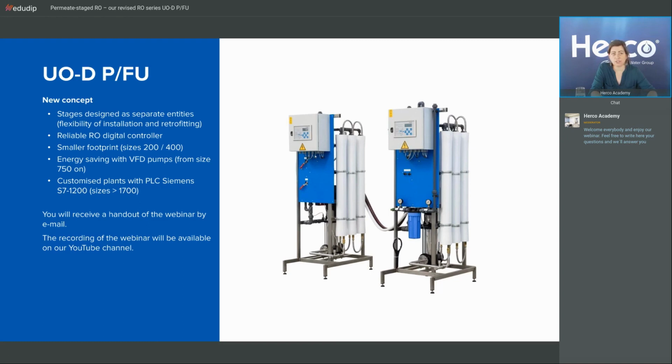And you have an RO digital controller where you can really log all the data and connect to a central control system, maybe for the second stage, maybe for both, whichever you want. And you have energy saving with the variable frequency drive pumps as well. For the larger units from size 1700 on, as you know, you can get them as before as a customized unit. They will usually come with a PLC, but there we are open to your necessities. So those can be adapted whichever way you want.